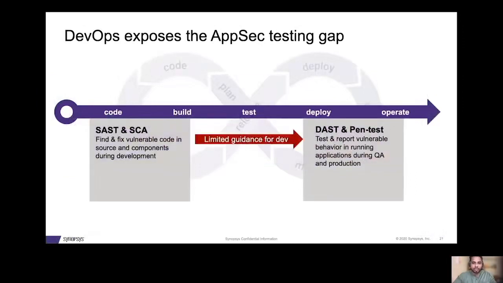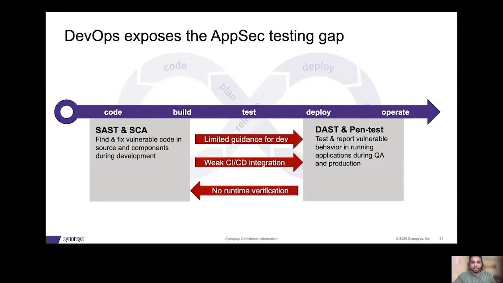Both traditional static and dynamic testing have limitations that leave a security testing gap in the SDLC, especially for teams adopting CI/CD and DevOps. While SAST can be used early in the SDLC, it doesn't detect many of the real vulnerabilities that only show up during the running of the application.